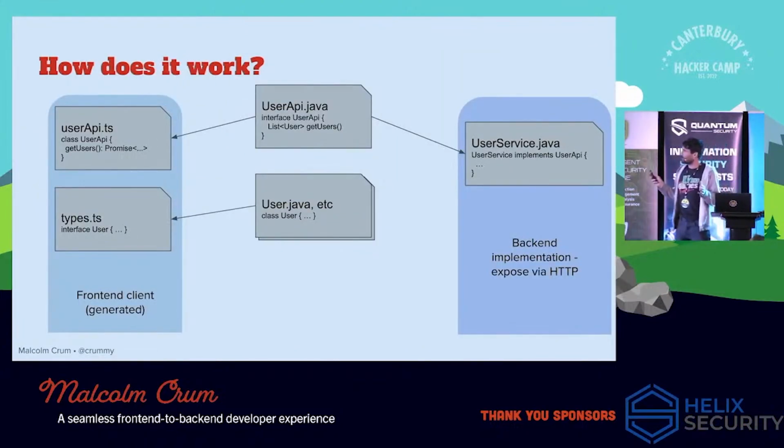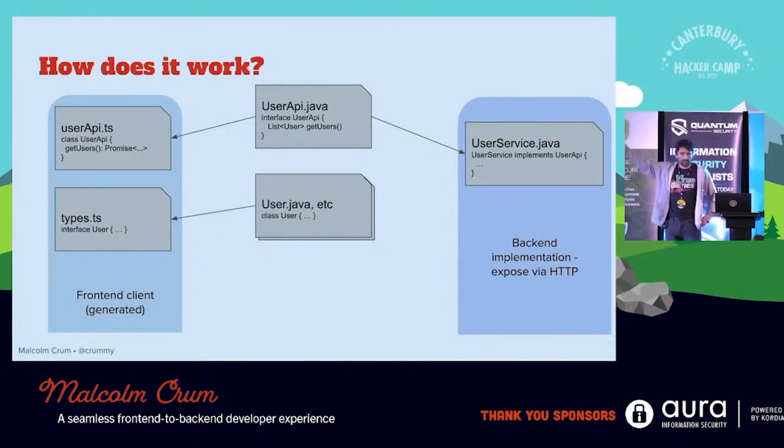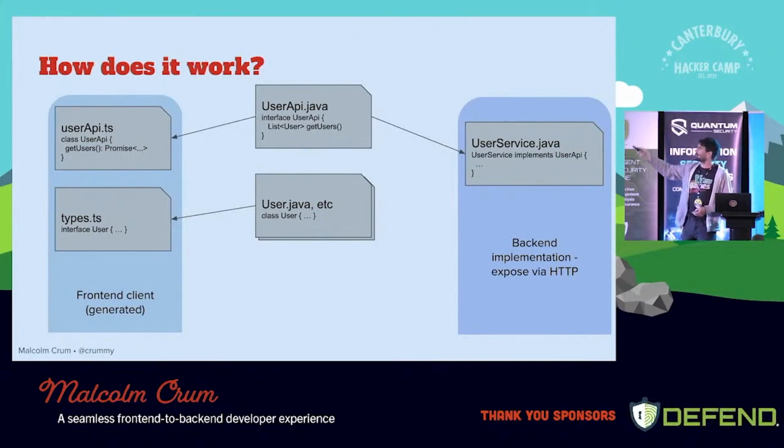So how does this work? Roughly speaking, your API is defined in 2 core sections. The interface itself is defined in an interface in Java. This defines the methods users can call, the arguments they take, the types they receive, and then the types themselves. These are data classes or records.